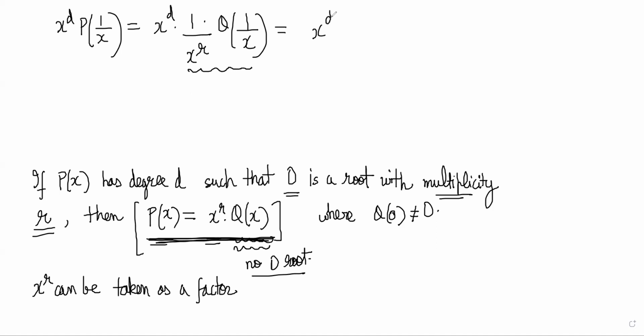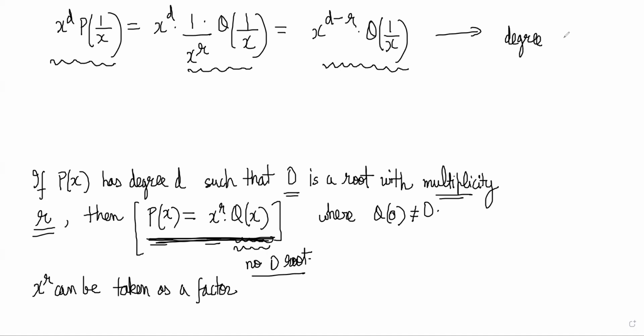So therefore this is x power d minus r q of 1 by x, right? So basically x power d p of 1 by x is equal to x power d minus r q of 1 by x. And therefore this polynomial has degree d minus r, right?